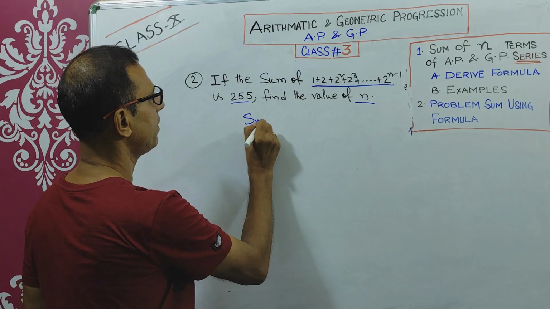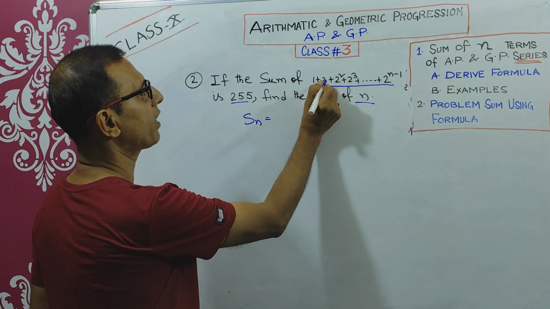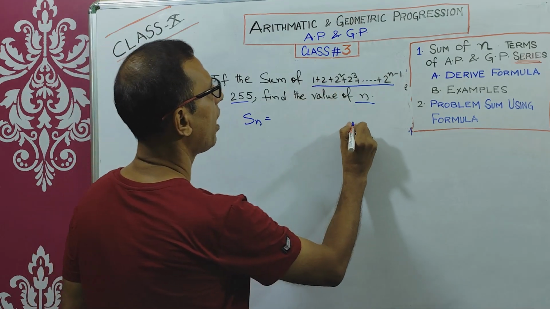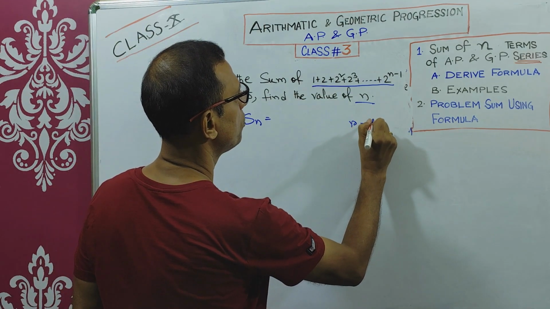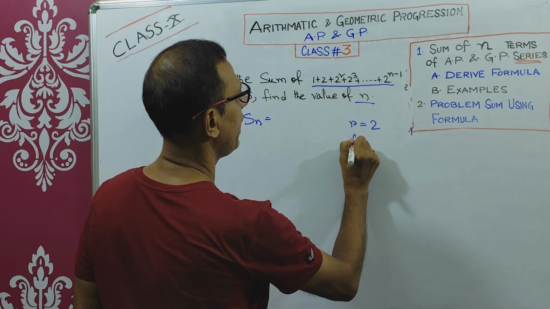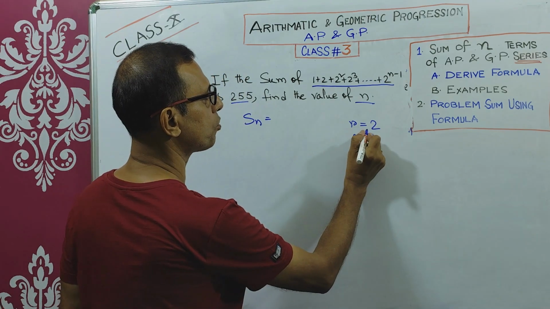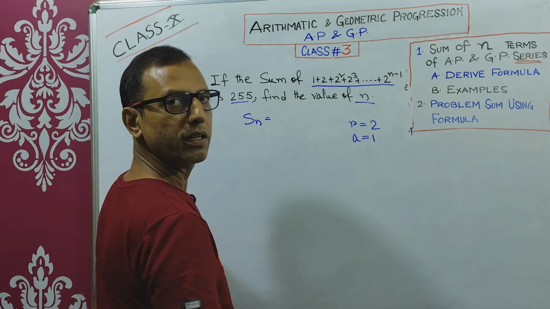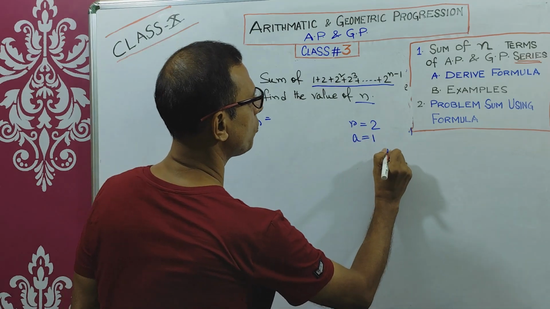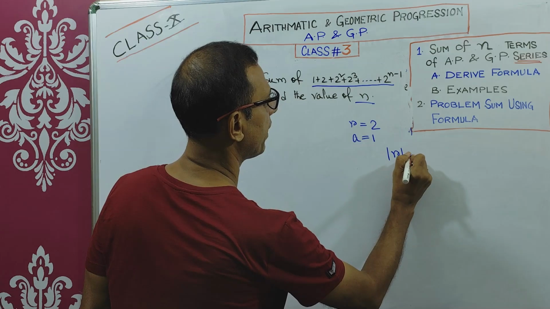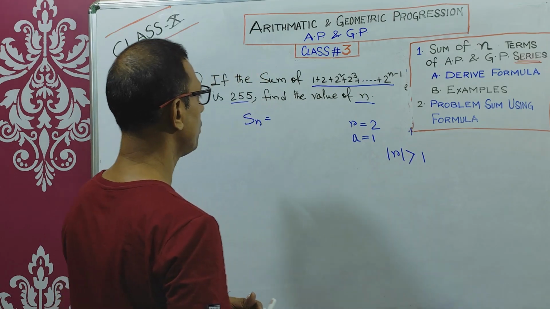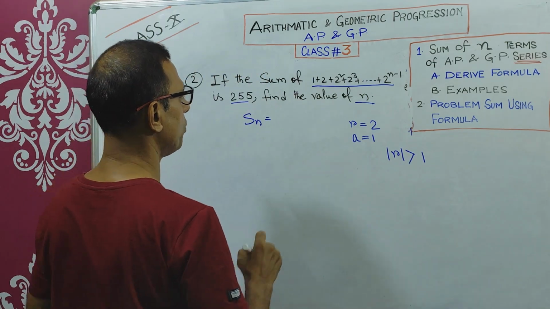Now, what is the formula? Formula is Sn. So, what is the R value? R equals 2, A equals 1. If R equals 2, that means mod R is greater than 1. So which formula will we use?